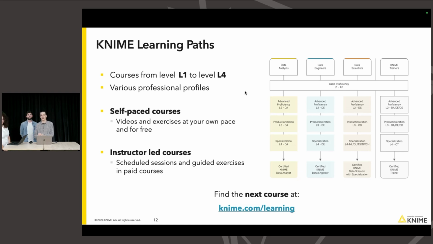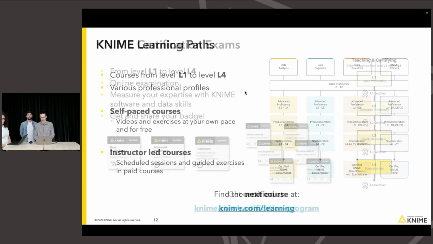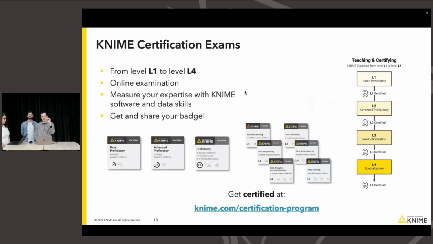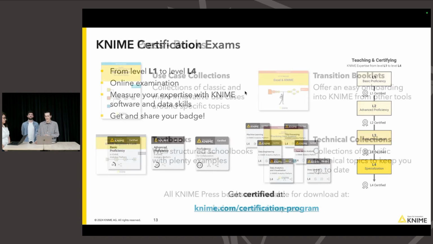These courses are offered either self-paced, so they are completely free and you can follow them online at your own pace, or they can also be instructor-led. You can find all of this information at knime.com/learning. Every course has 4 different blocks building on your proficiency in KNIME. After each block, you can get a certification that you can then share.